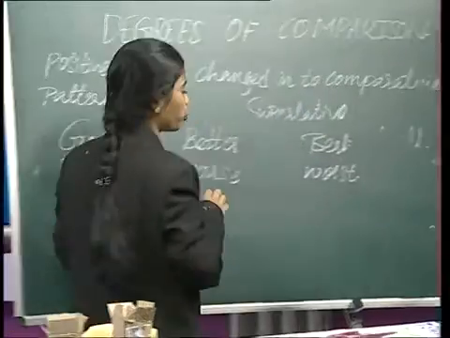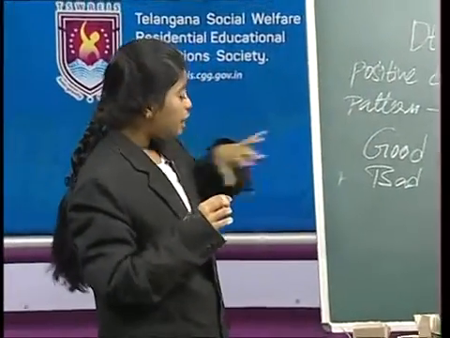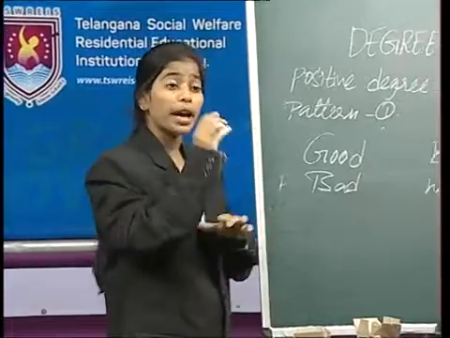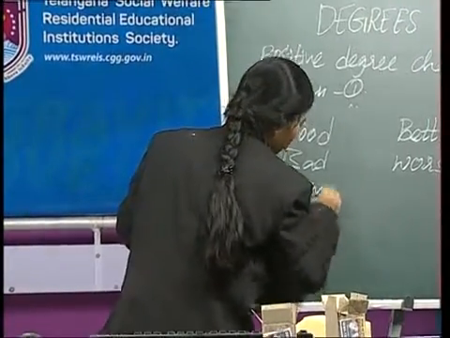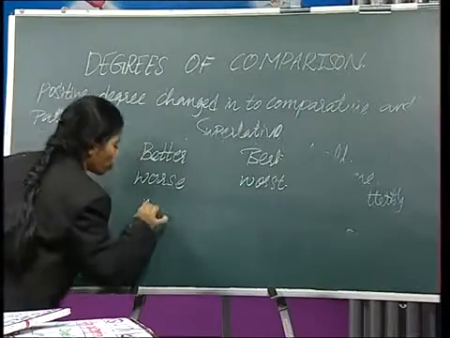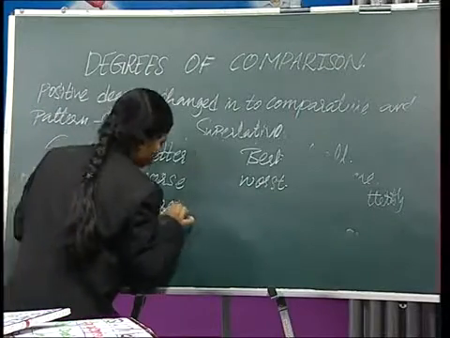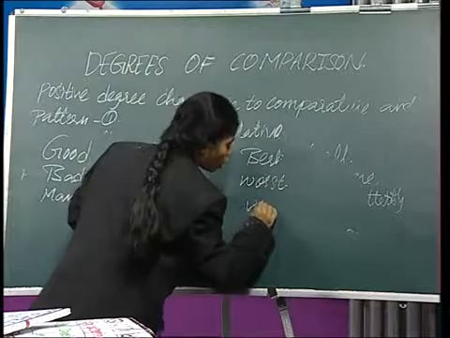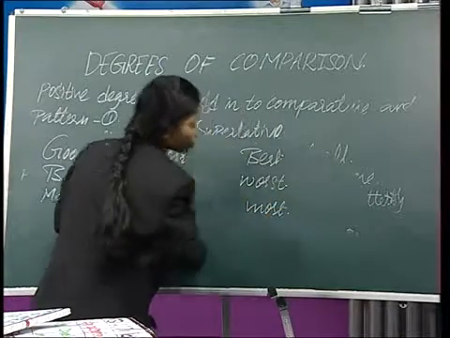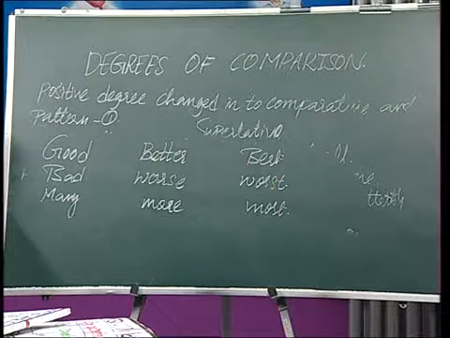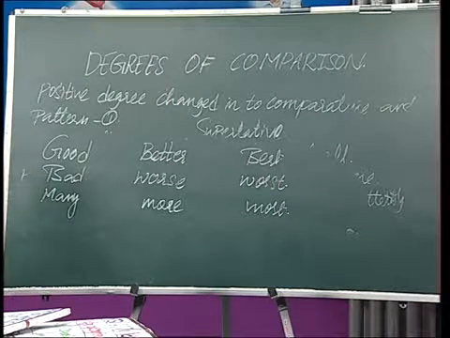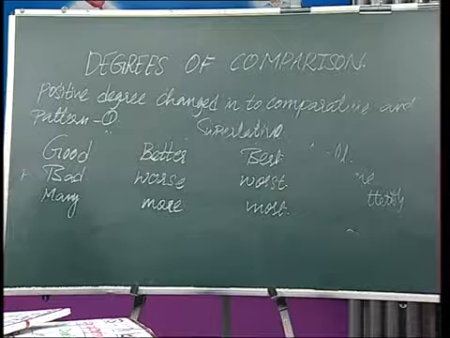So, friends, and when many or much is added, it becomes more or most. Okay, friends, these three are the examples of irregular words which we get confused about in the examinations.